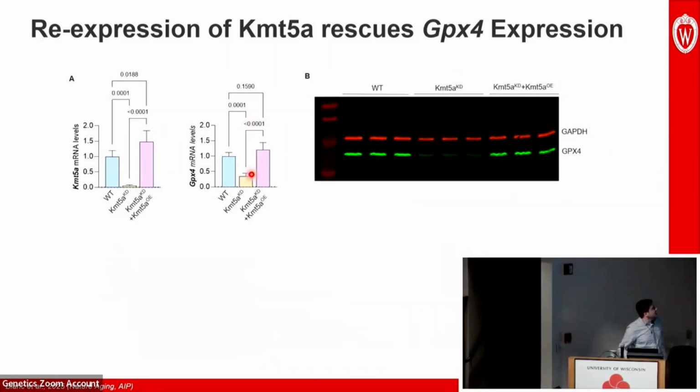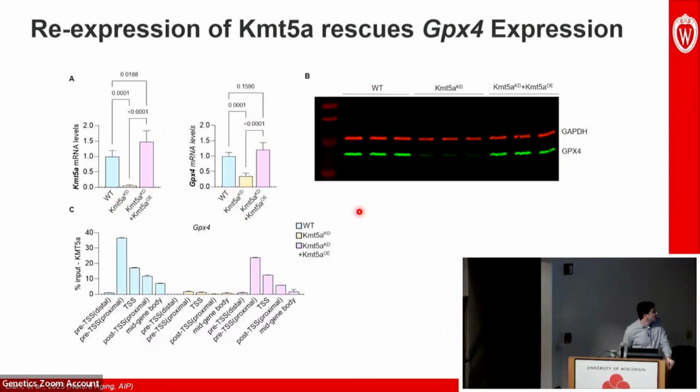All right. And so we looked at how exactly KMT5A was regulating GPX4. When we re-express KMT5A, we do restore the expression of GPX4, suggesting that KMT5A directly regulates GPX4 expression.